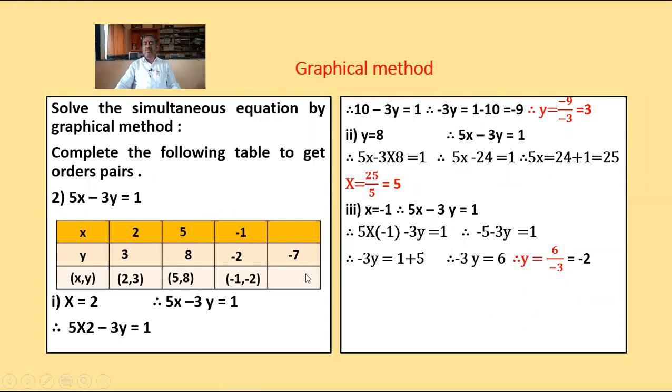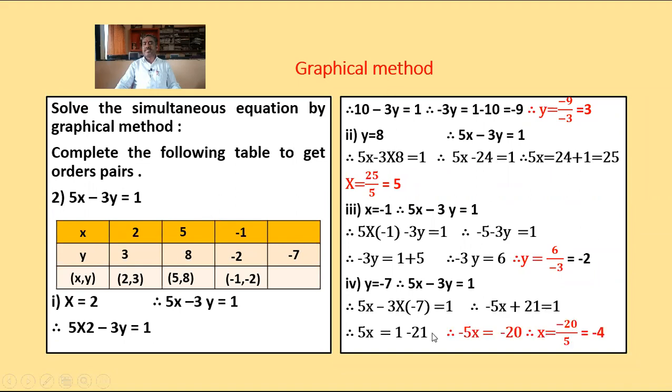And for the fourth coordinate point, y is equal to minus 7. Then we get the value of x. 5x minus 3 multiplied by minus 7 is equal to 1. 5x minus minus becomes plus, 21 is equal to 1. Therefore, 5x is equal to minus 1 minus 21 when 21 goes to the RHS. Here 5x is equal to minus 20.